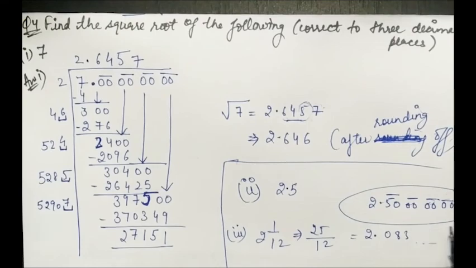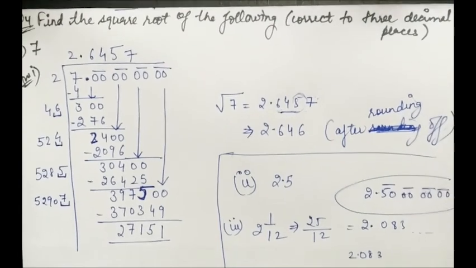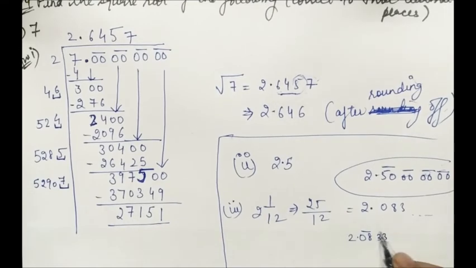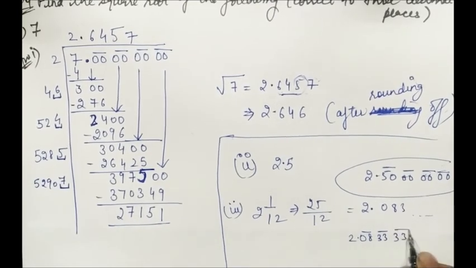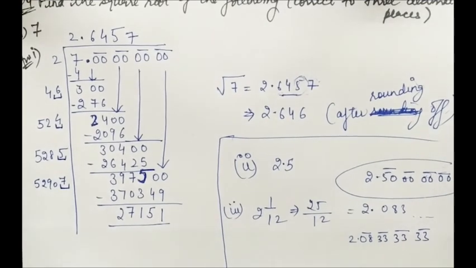And then you have to make pairs, but in this you don't have to make pairs of 0 0, you have to make them like 3 3 3, suppose 2.083. Then one pair is this, one pair is this, second pair is this, third pair is this, fourth pair is this. That means you don't have to make pairs of zeros, you have to make pairs of 3, as the last number is 3.